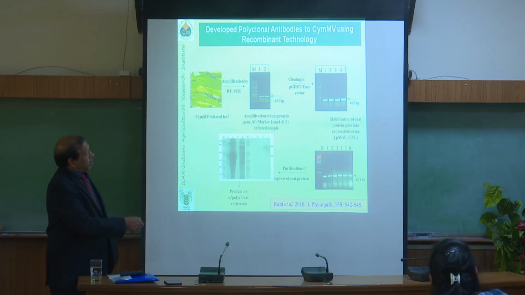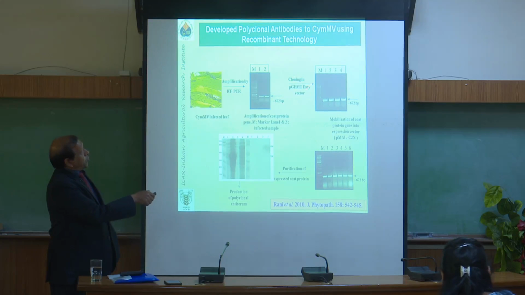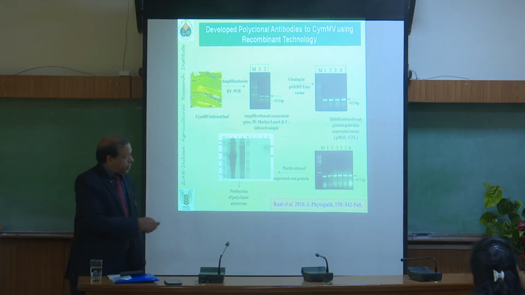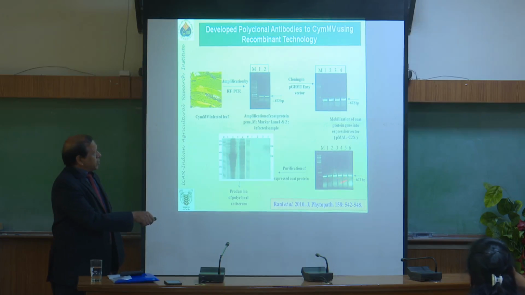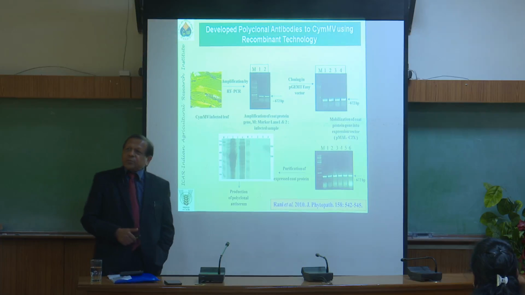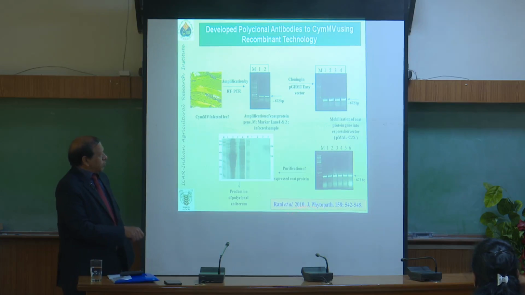As I said earlier, after cloning the gene in the normal cloning vector, we subclone the gene in a protein expression vector, that is the pMAL system. And once we have subcloned, we purify the expressed protein actually. This information was published in 2010 by one of my associates in the Journal of Phytopathology.